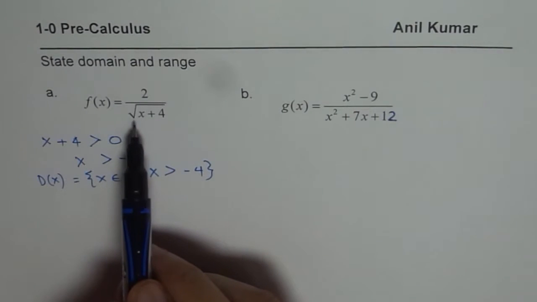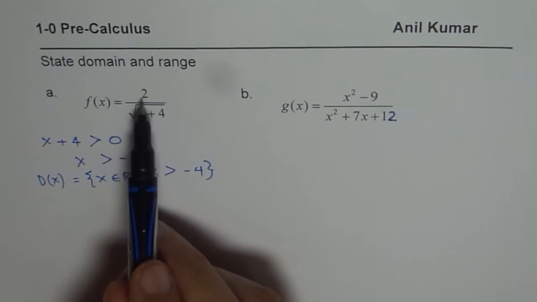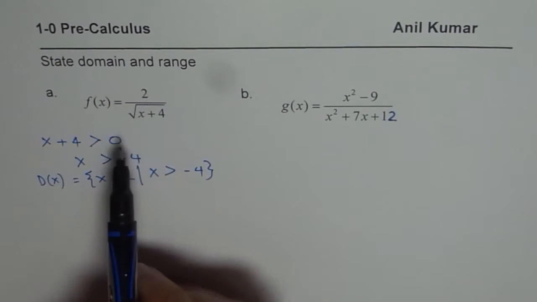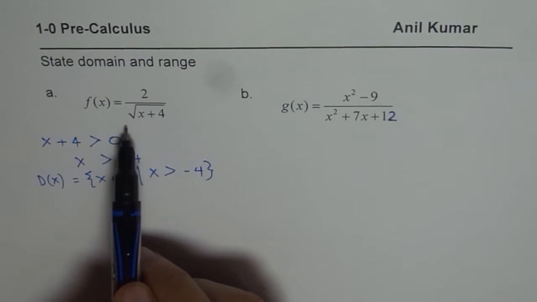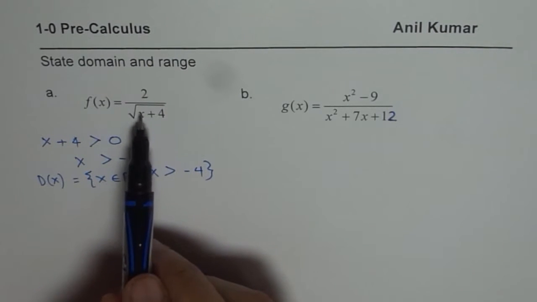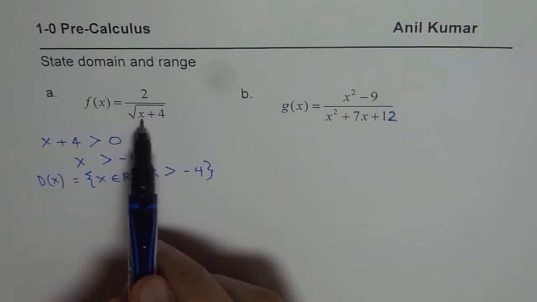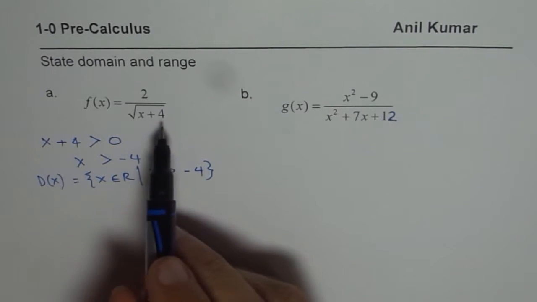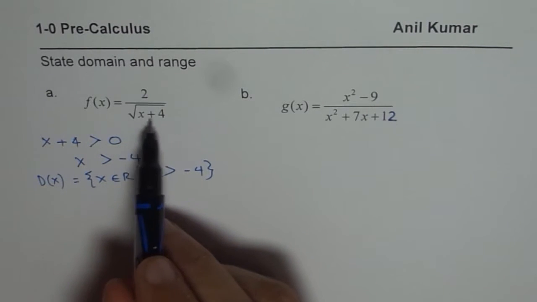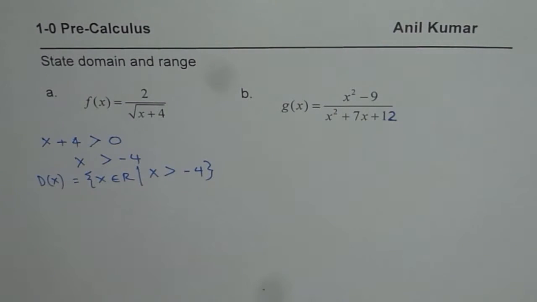Now let's look into the range. As far as range is concerned, we know the square root function is always positive, so the range is always positive. The other thing is, what is the minimum value? Now, if x is very, very large, then this function will approach 0. For x close to minus 4, when it is very low, the values will be very high, correct?